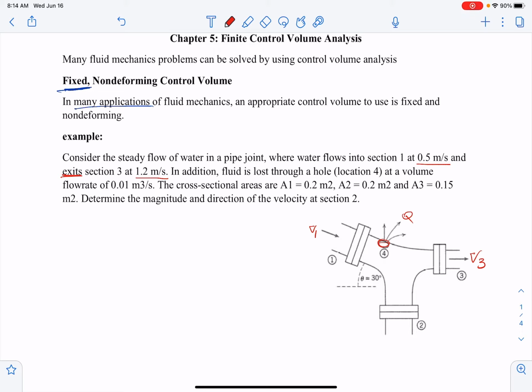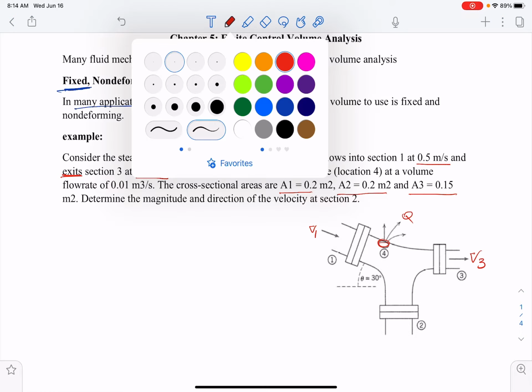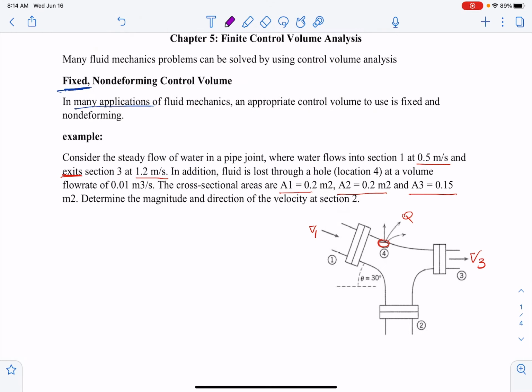We also have the area of 1, which is right here, the area of 2 here, and the area of 3, which is right here. To solve this problem, first let's show the normal vector on the surface.